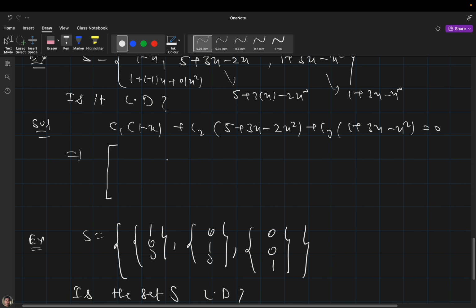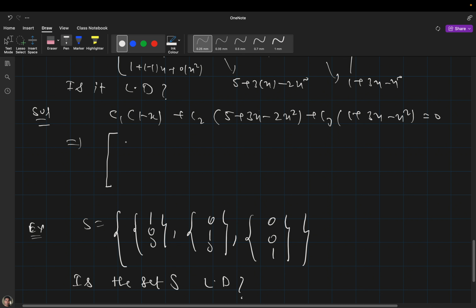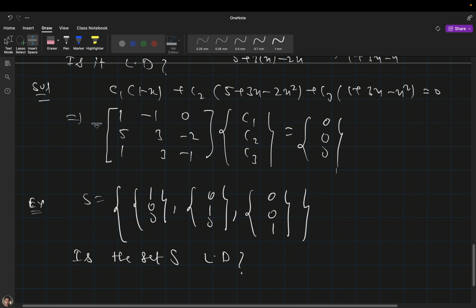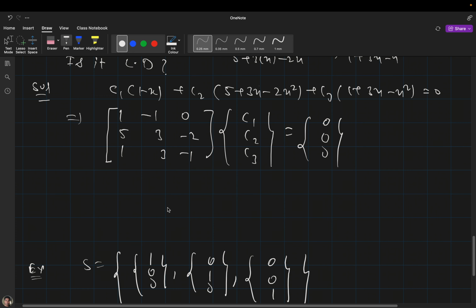So when you write like this, I can write 1, minus 1, 0 for the first one, 5, 3, minus 2 for the second, and 1, 3, minus 1 for the third. Now I have to solve this for c1, c2 and c3 equal to 0. Will I get a trivial or non-trivial solution? Tell me.